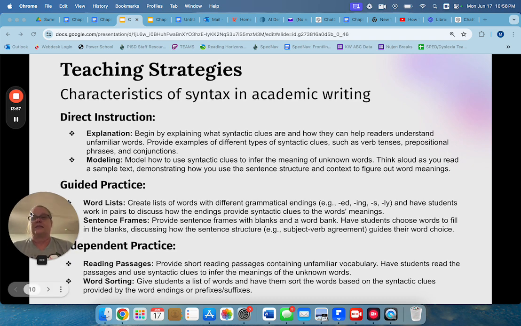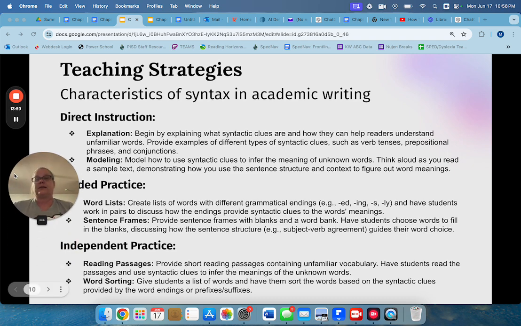So the last portion of this is going to be the independent practice. You want to give them reading passages. Have them read the passages and start using syntactic clues to start inferring word meanings. And you want to make sure that it's got some unfamiliar vocabulary to them so that they can start using the syntactic clues.